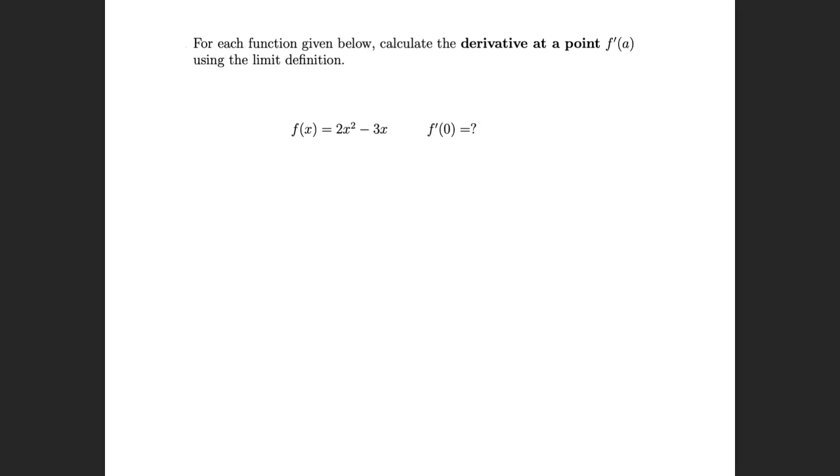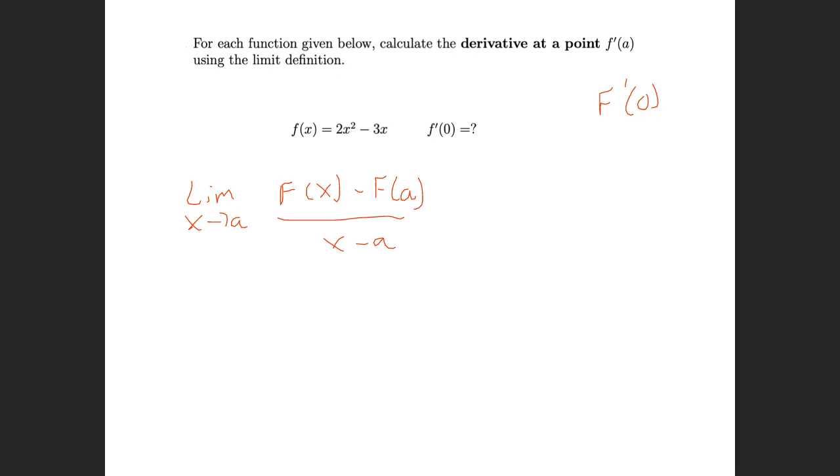So it wants us to find the slope, f prime. When you see this, that means the derivative of f at 0. So basically they want us to find the slope at 0 of this function. So let me write the equation down again. The limit as x approaches a of f of x minus f of a, all over x minus a.